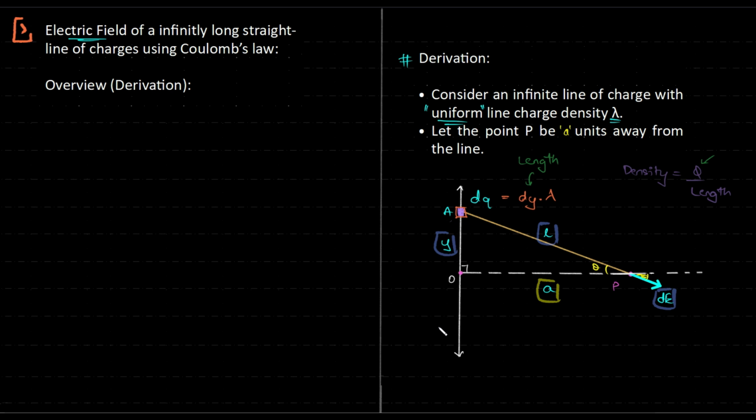In this entire set of derivations, find out what is fixed, what is changing, and express whatever is changing in terms of a single variable so that we can integrate. So we can take help of things which are constant, right? And we need to express y, l, theta in terms of one variable. And we have to make use of a and everything, okay?